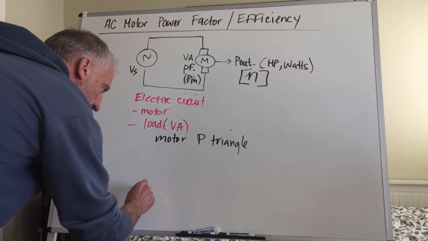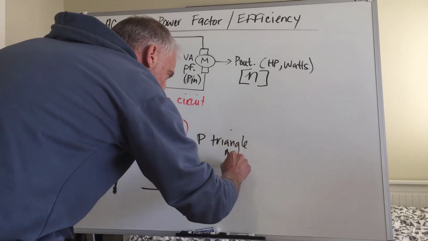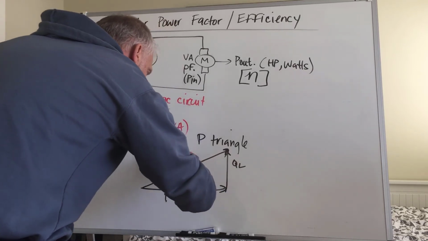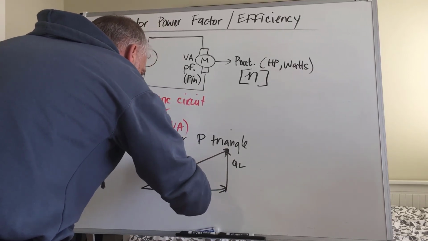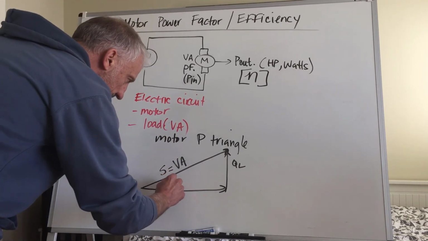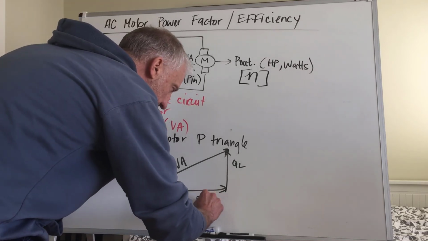where in the motor's power triangle, you're going to have P, you're going to have QL, and you're going to have the overall VA or S value of the motor, where you're going to have an angle here, theta, which is going to yield your power factor, right?